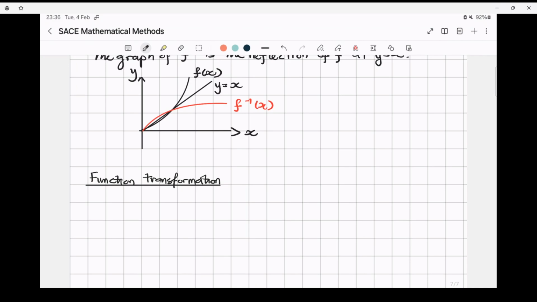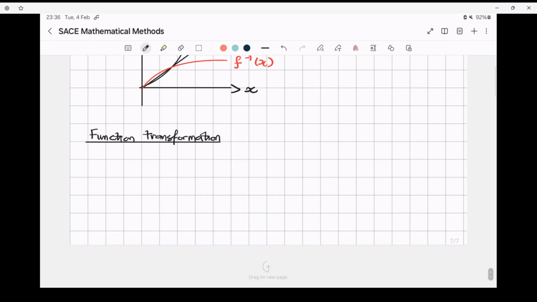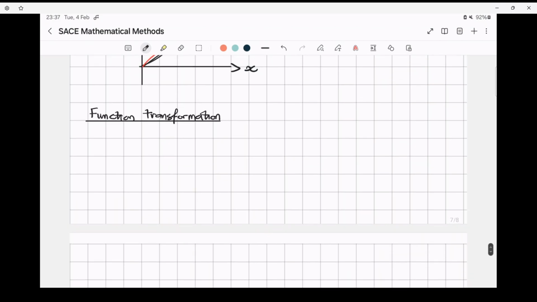So the easiest way for us to study function transformation is actually to look at, for example, a circle. Let's begin with the y direction first. Let's say the original point over here has coordinate x, y, and you stretch it in your y direction.